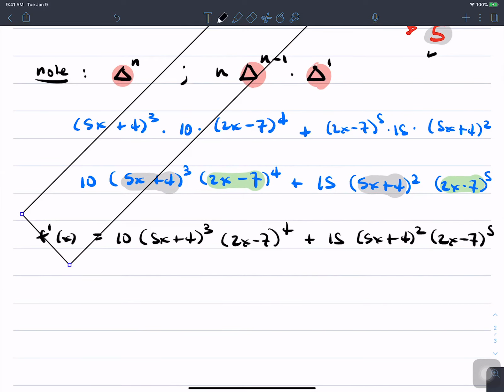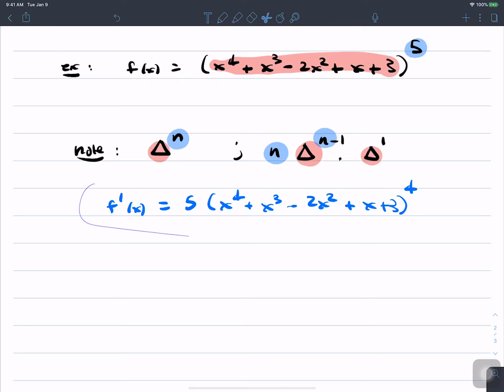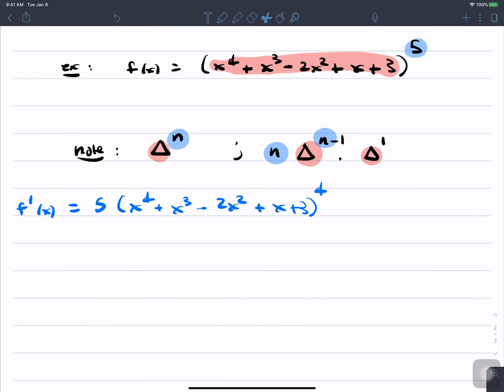And the chain rule portion, don't forget the chain. So this will be n here, and then we take the derivative of the inside function. That's how you do this. So f prime x becomes 5 (x to the fourth plus x cubed minus 2x squared plus x plus 3) times 4. Now I'm going to have to move this like always.